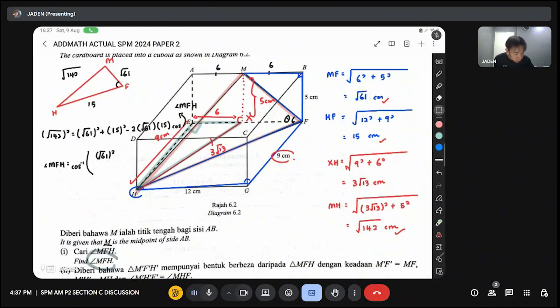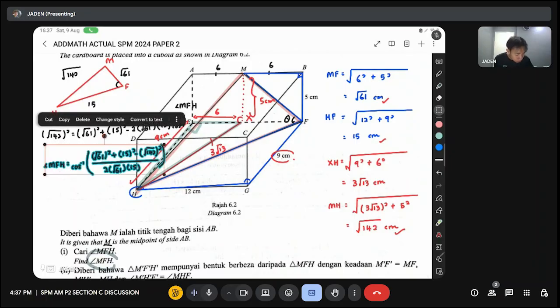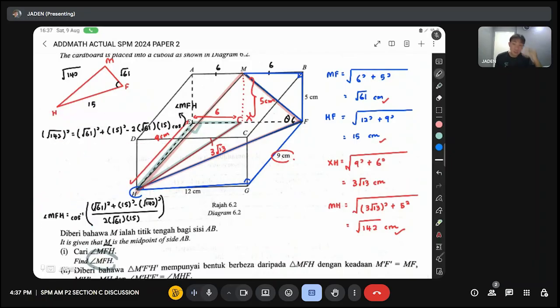All right, (√61)² plus 15² minus (√142)² over 2 times √61 and 15. This is what you're going to get as soon as you write down the formula. If you press calculator with this equation, you will get the result of 52.08 degrees for the angle MFH.